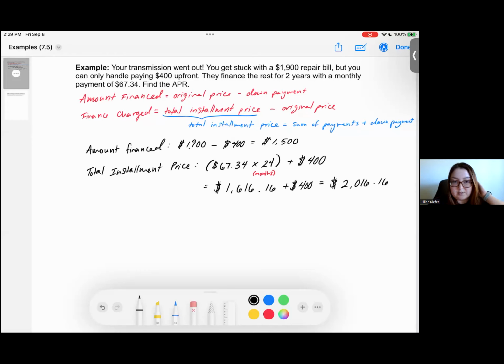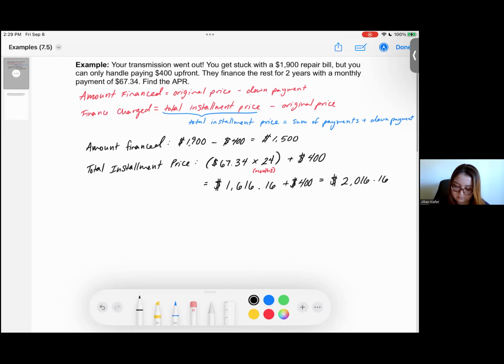Now we're going to subtract the total installment price and the original price. So we're going to go ahead and subtract those.